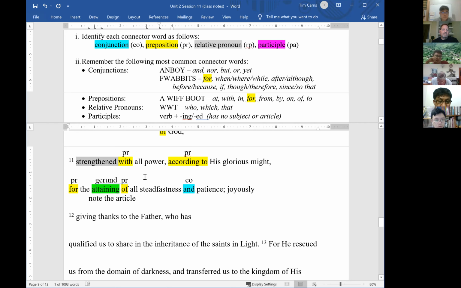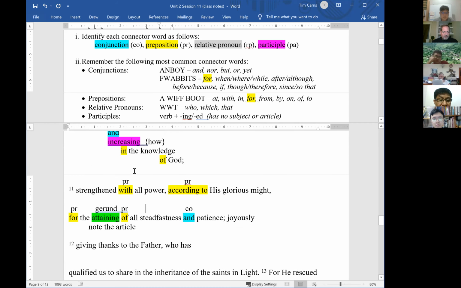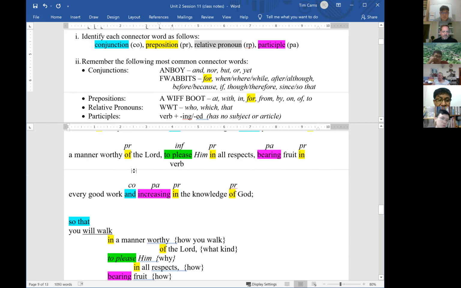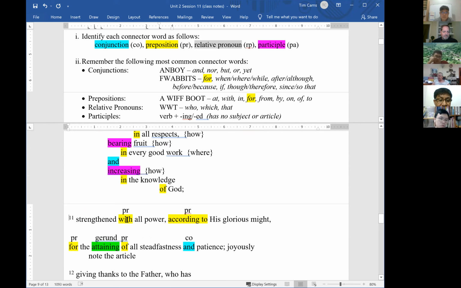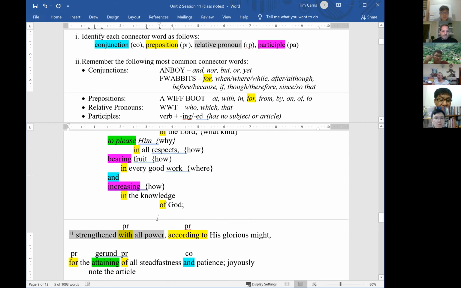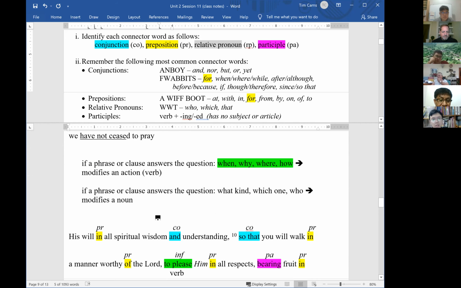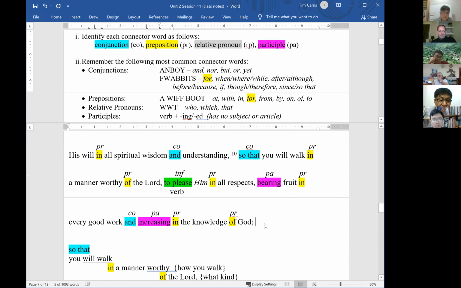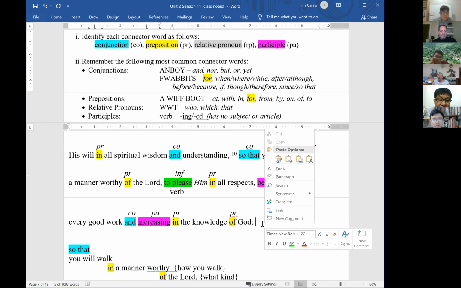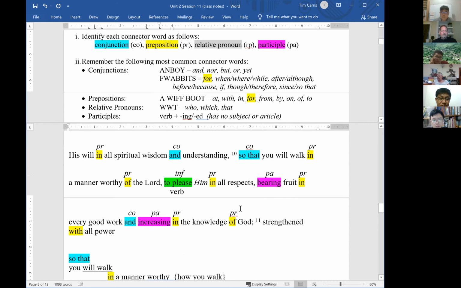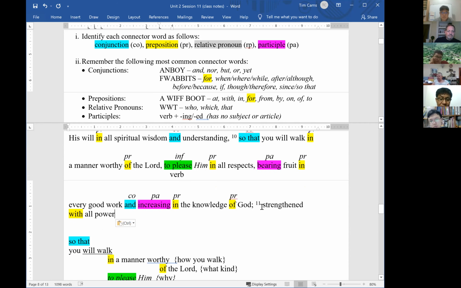Now, there is one more here to consider. That word strengthened. I was trying to combine it back with the previous verse so you could see if there is a subject connected to it.